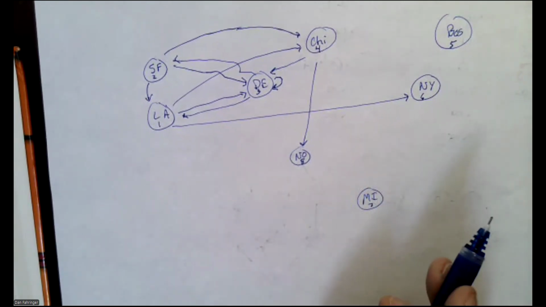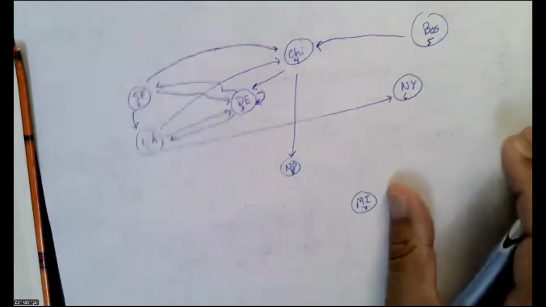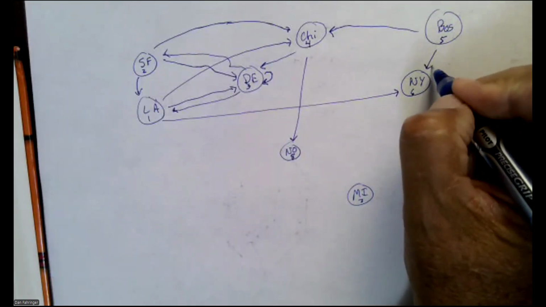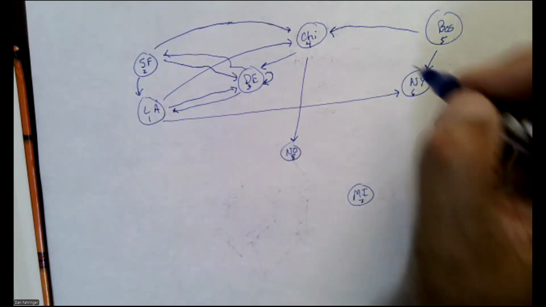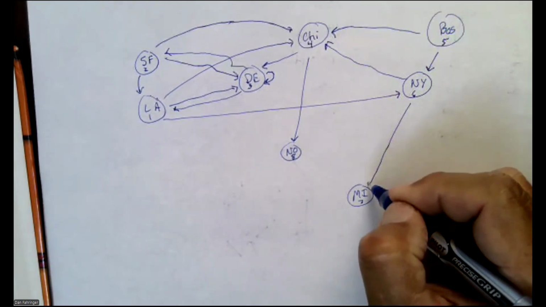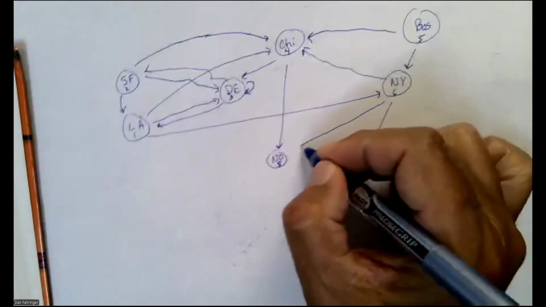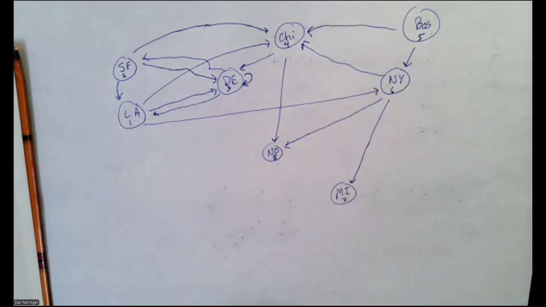Boston goes to 4 and 6. Boston goes to Chicago. Boston goes to New York. New York goes to 4. New York goes to 7, which is Miami. And New York goes to 8, which is New Orleans.